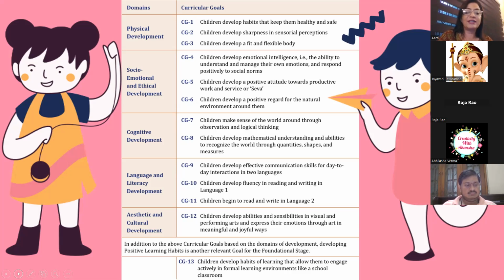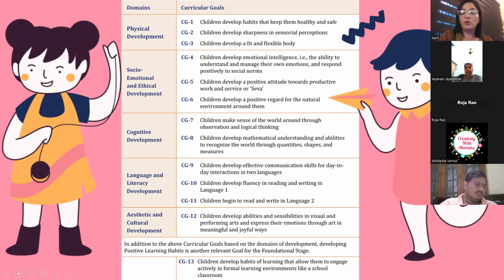Coming on to the next, it is language and literacy development. Curriculum goal 9 states that children develop effective communication skills for day-to-day interactions, at least in 2 languages, and multilingual communication has been emphasized. It encourages children to speak and understand at least 2 languages, improving their ability to express themselves.